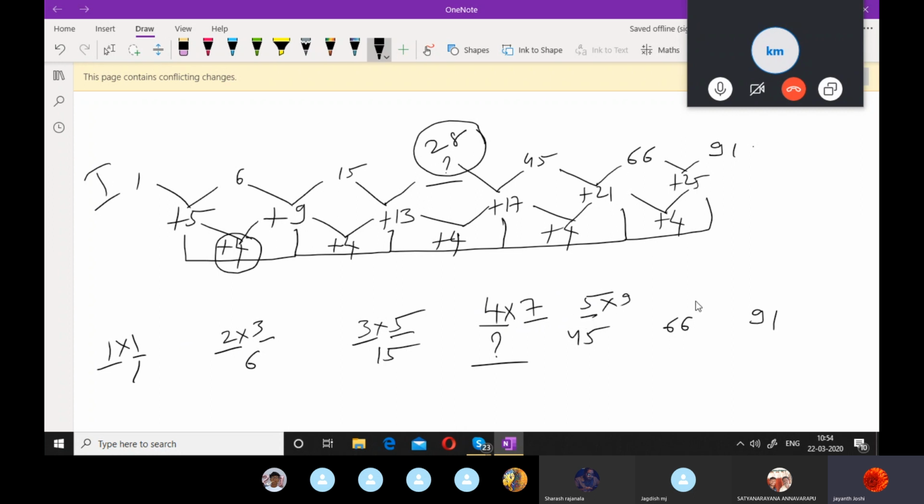Then I got 5, next one would be 6. I got 9, next one would be 11. I got 6, so next one would be 7, and I got 11, next one would be 13. So this is what the series is. So I got the answer 28. Yes. Method number 2.